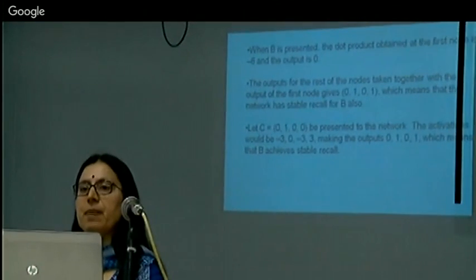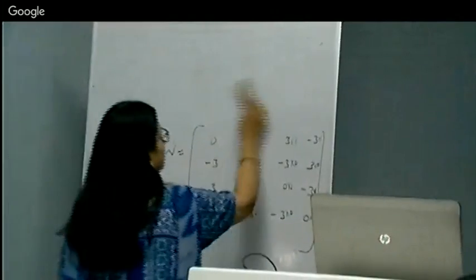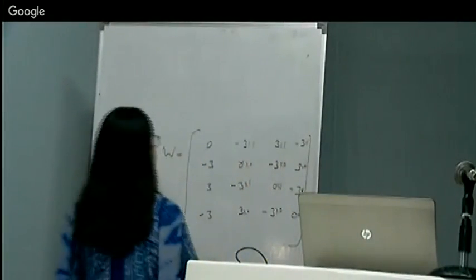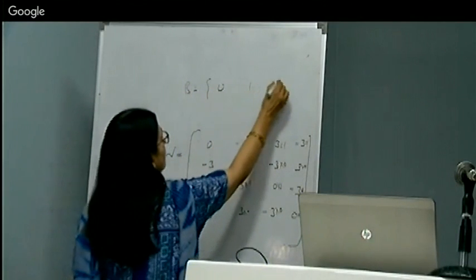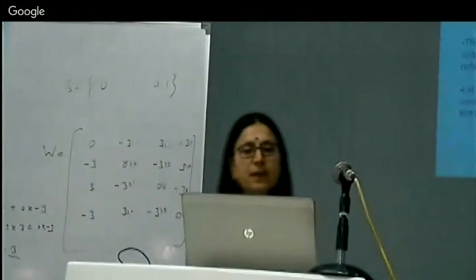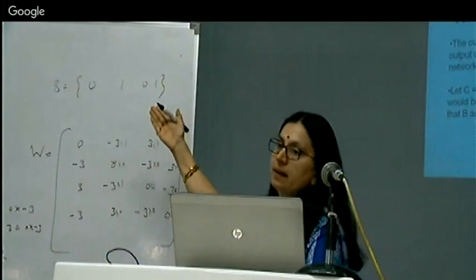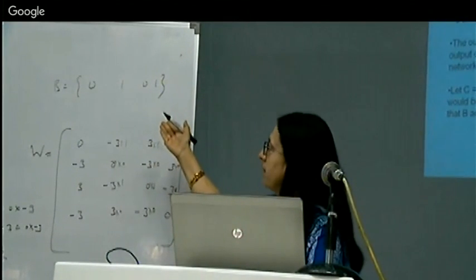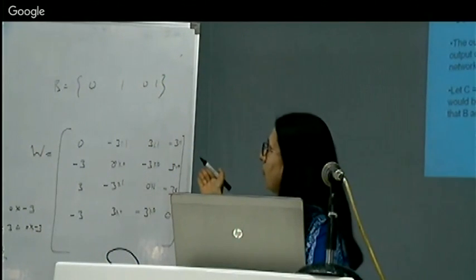Similarly, if we apply the vector b, the vector b is 0 1 0 1. Then again we will find the activations by finding the dot product of the vector b with the first column, second column, third column and fourth column.